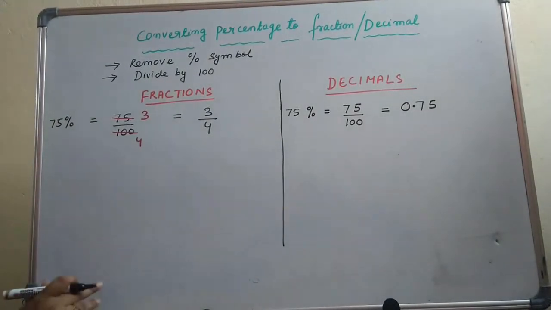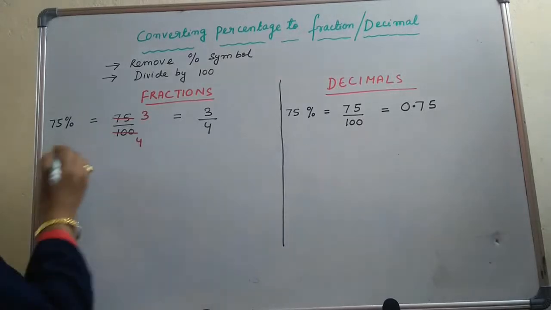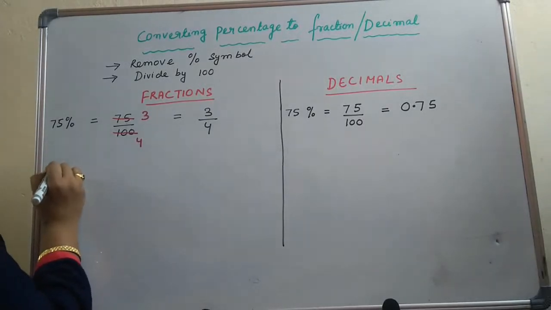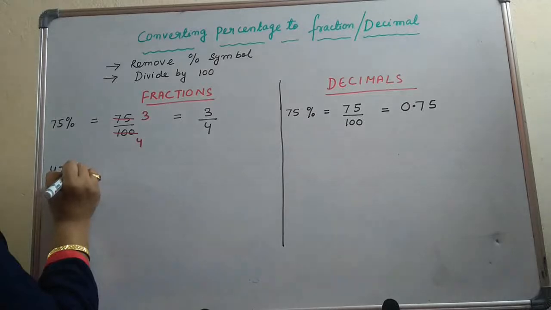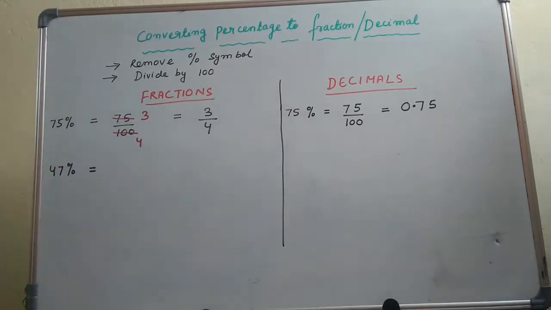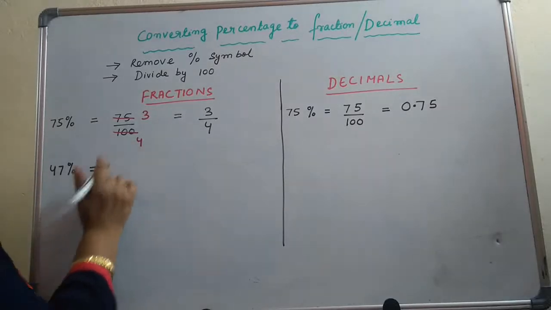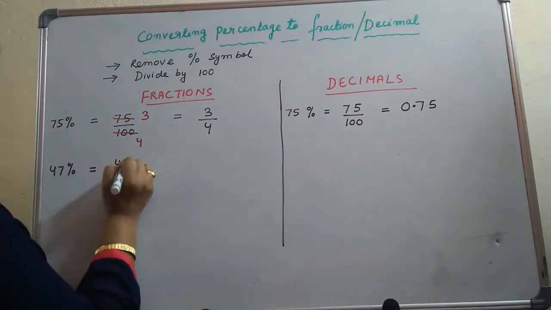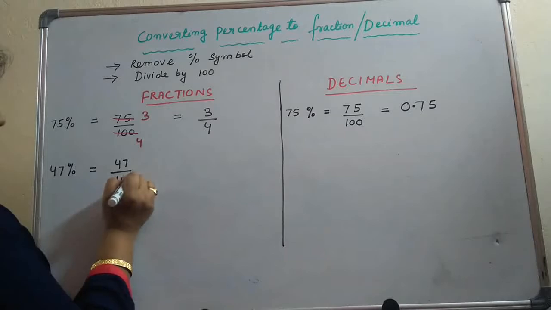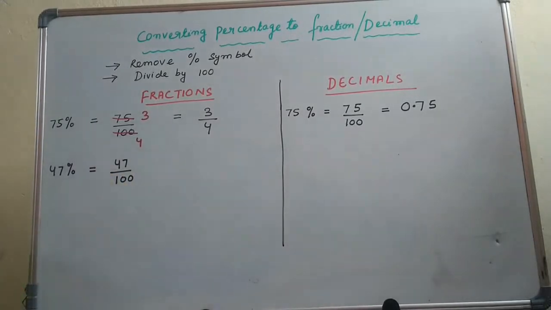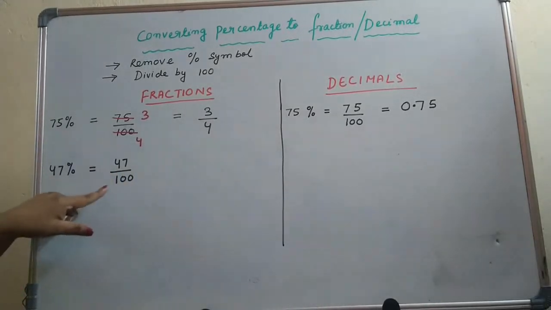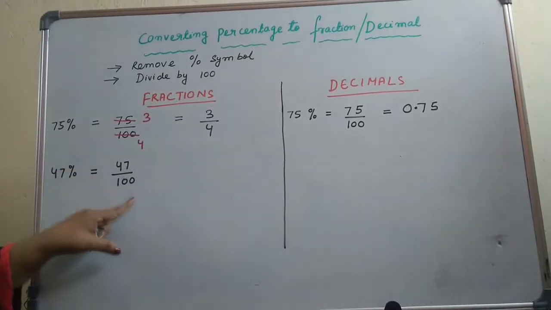Now suppose I take another one, let it be 47%. How are we going to do it? It will be 47 by 100. Can you convert 47 by 100 into its lowest term? It's not possible, not divisible.